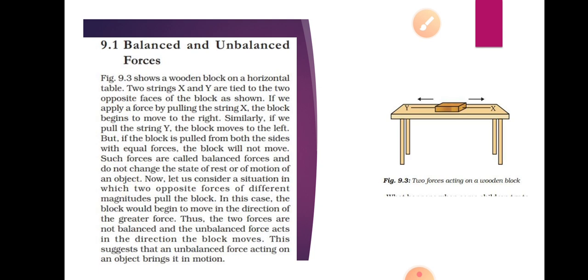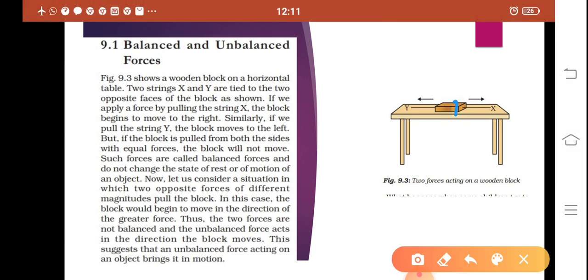There are two types of forces. One is balanced force and one is unbalanced force. Two strings X and Y are tied to the two opposite ends of a block.